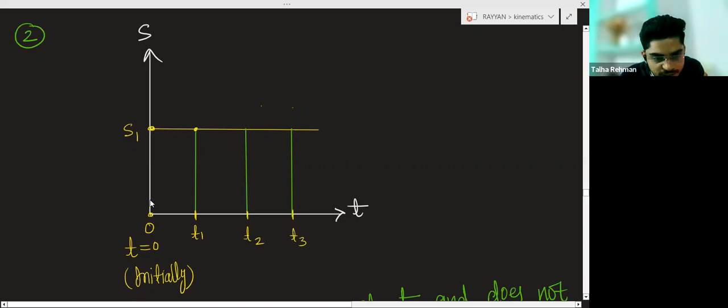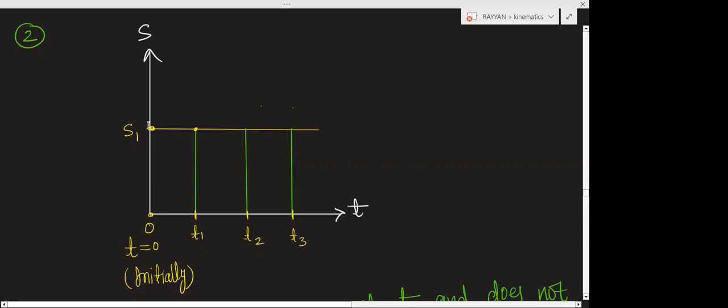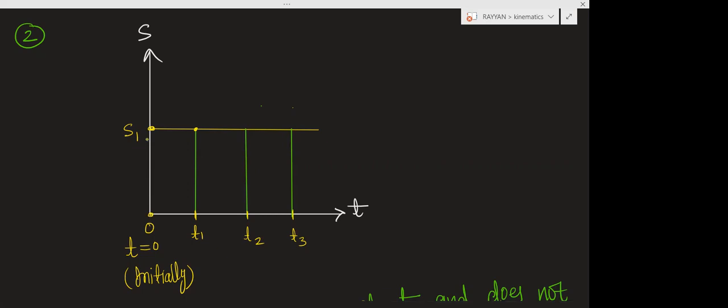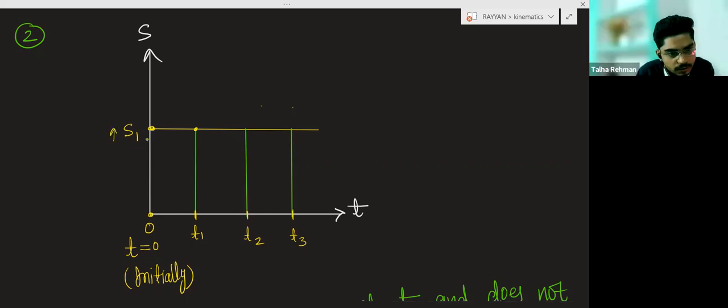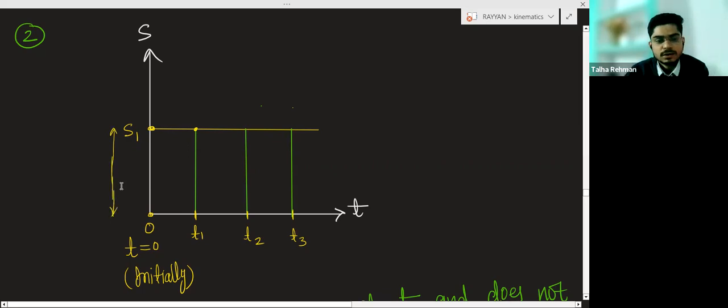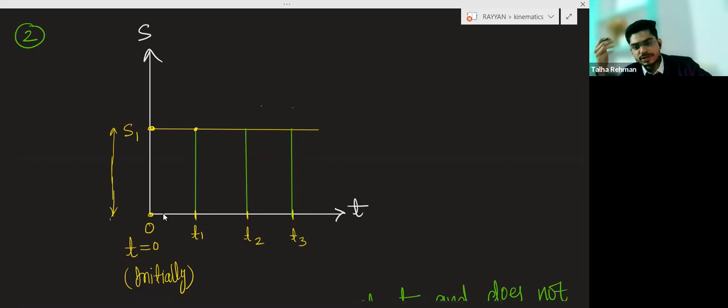Displacement is not changing. So from this graph, what we can conclude is that initially the body has this much of displacement, but after this point, as the time increases, the displacement remains the same.